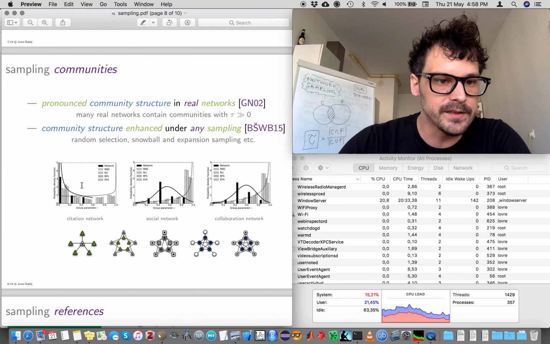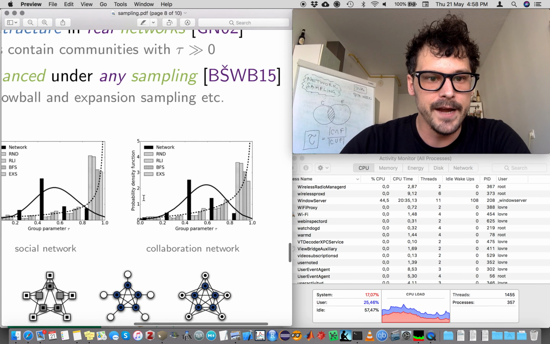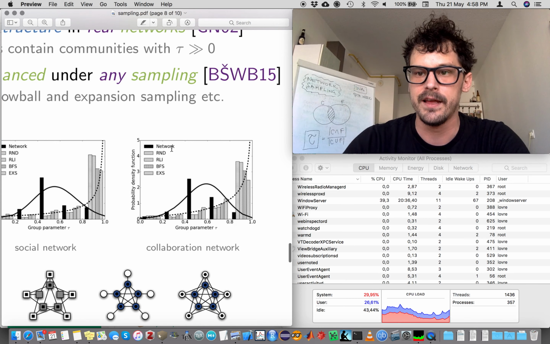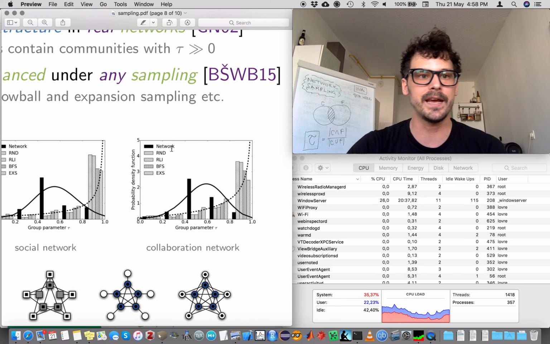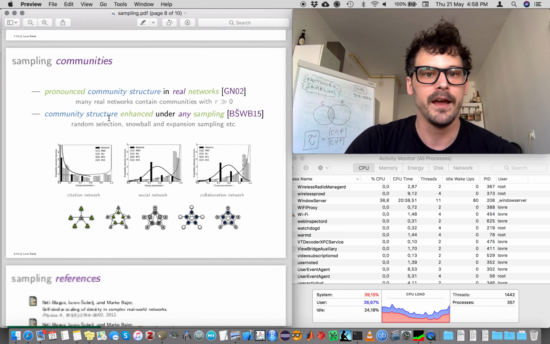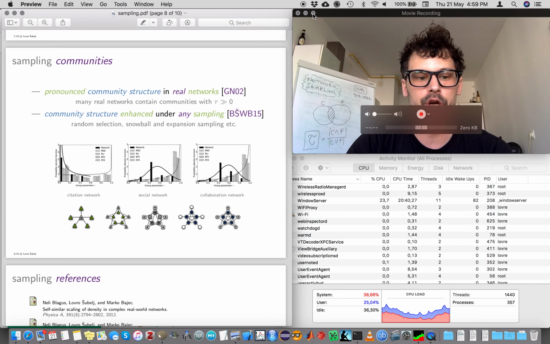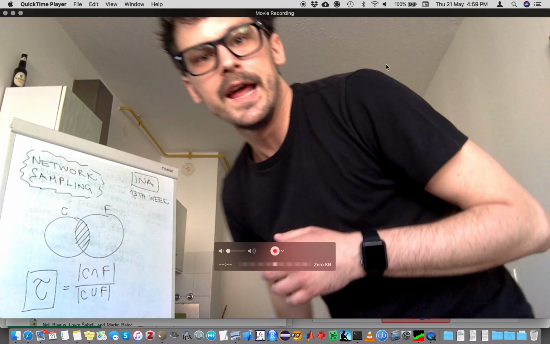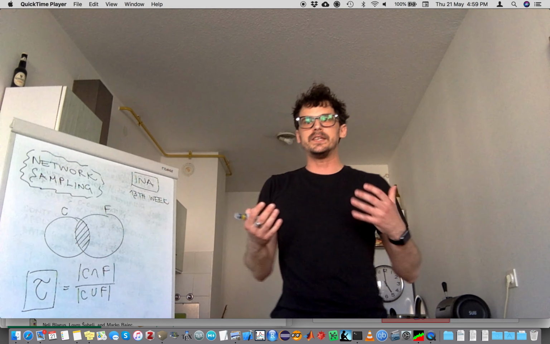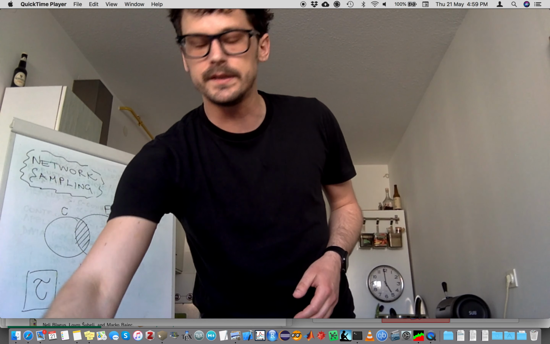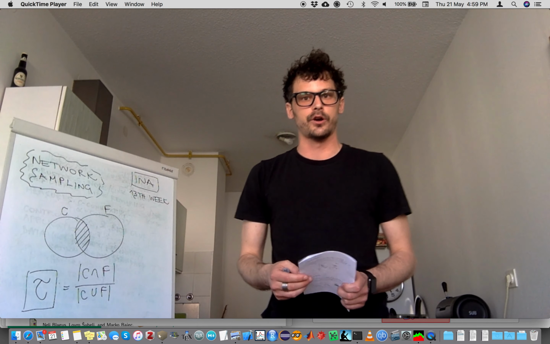And notice that these gray bars correspond to different sampling approaches, and in all cases, these gray bars are more shifted to the right, meaning that under any sampling technique that I have used, community structure was more pronounced than in the original network. So basically, sampling enhances the community structure of a network.